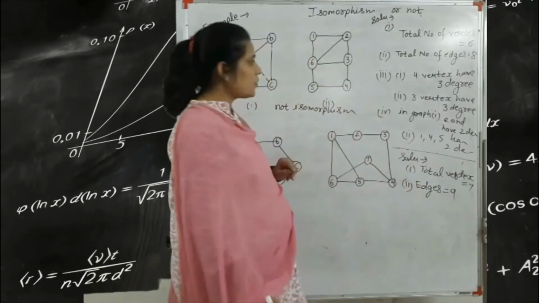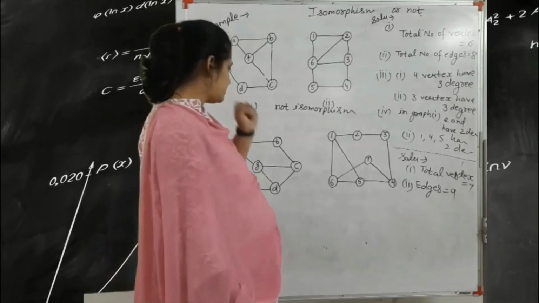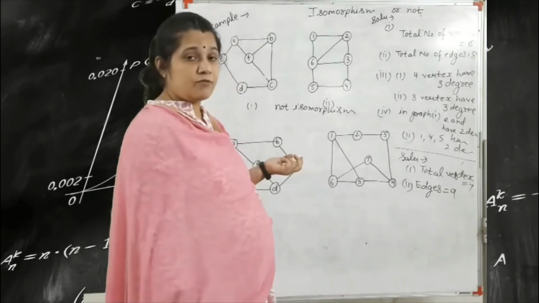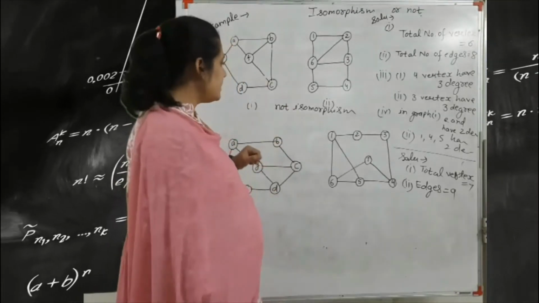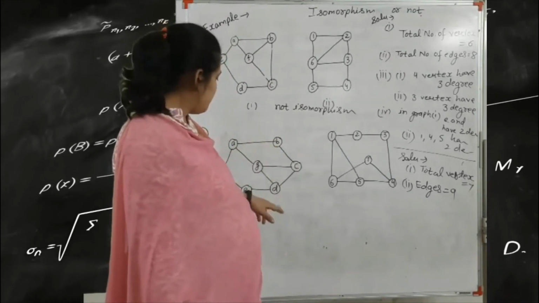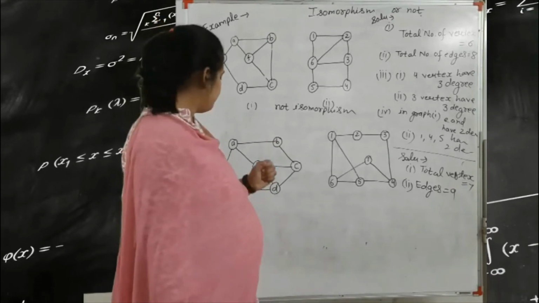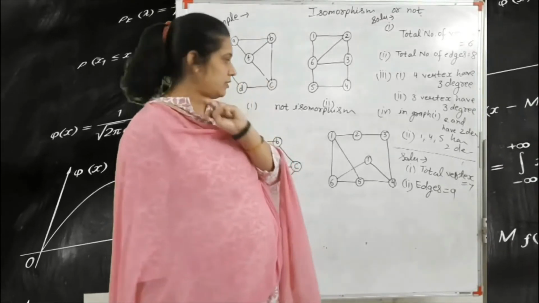Third property: we find the total number of vertices according to degree. So here D, E and F have degree 2.